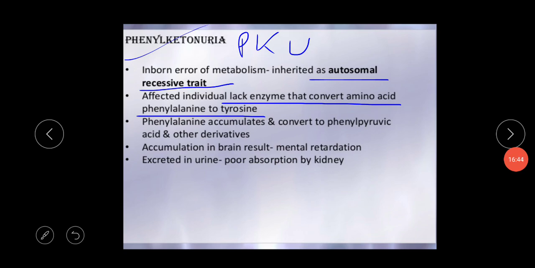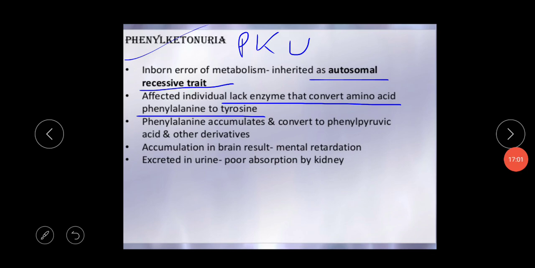It is a rare disease, but how does it take place in our body? The individual lacks an enzyme called phenylalanine hydroxylase. I am repeating again, phenylalanine hydroxylase.